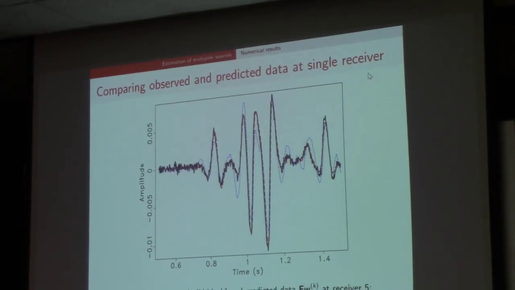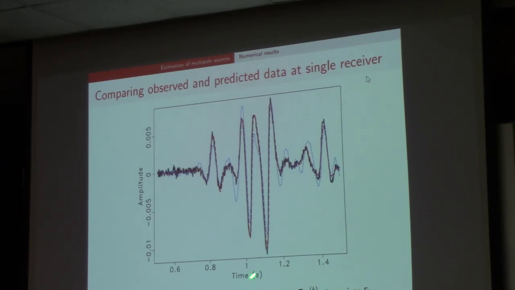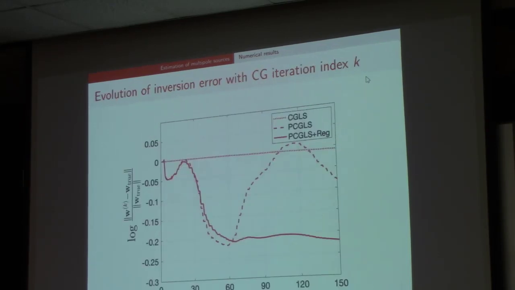And after 6 iterations, the preconditioned conjugate gradient method is a lot better than the blue curve, which demonstrates that we are doing a pretty good job in fitting the data. And this plot here is for a different problem, evolution of inversion error, and this is to highlight the importance of regularization.